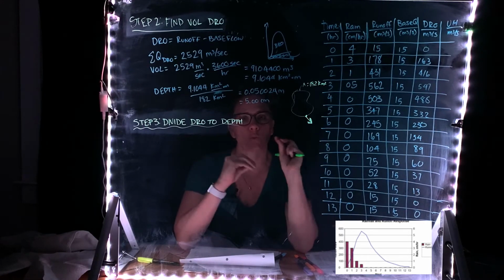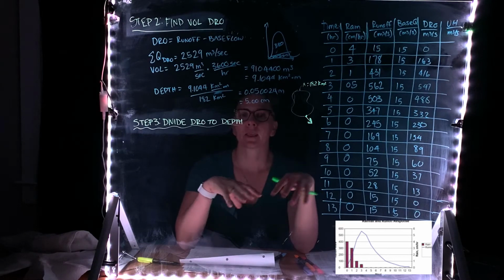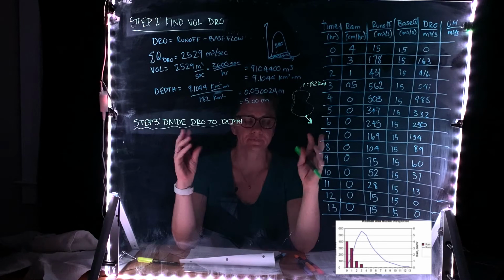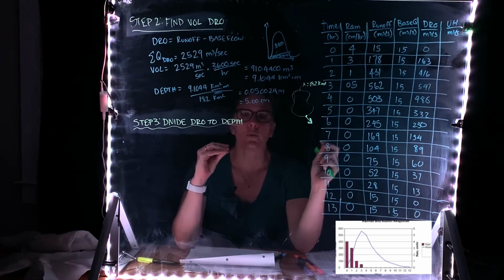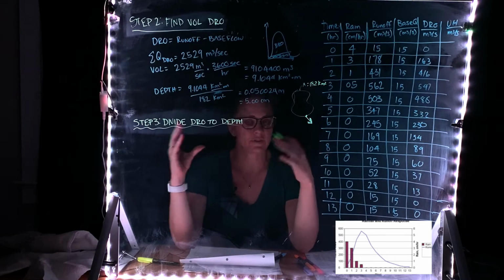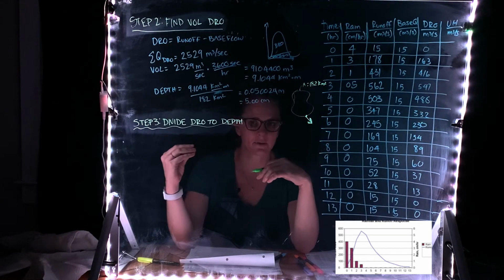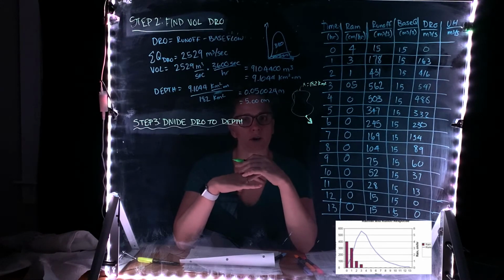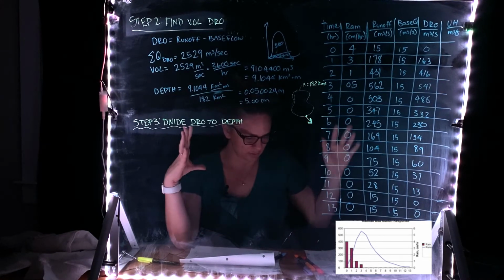So in this case, 1 centimeter of water falling, covering our watershed. So we need to convert this. We're going to divide everything by 5. When we divide everything by 5, it will represent 1 centimeter of water over this 182 square kilometers.